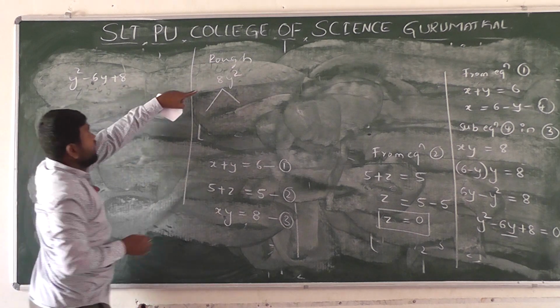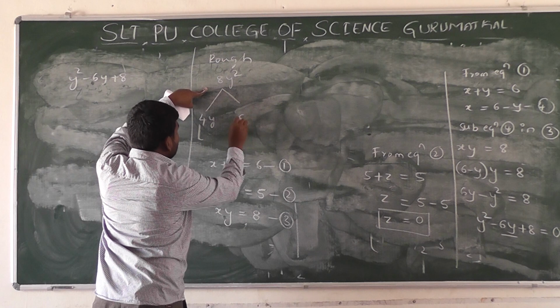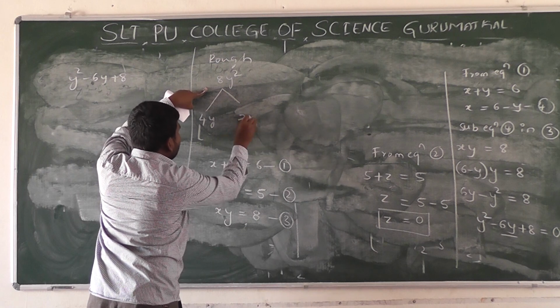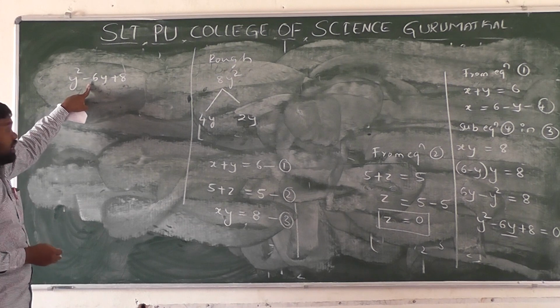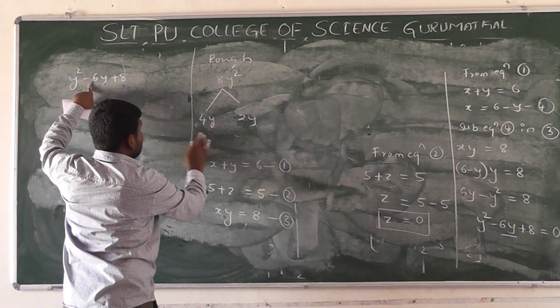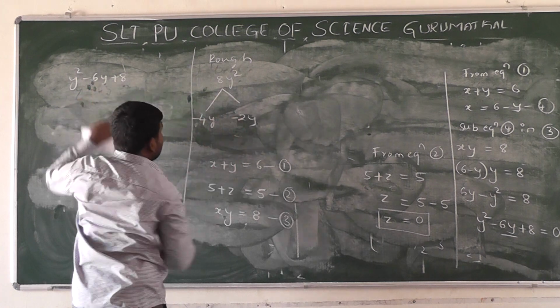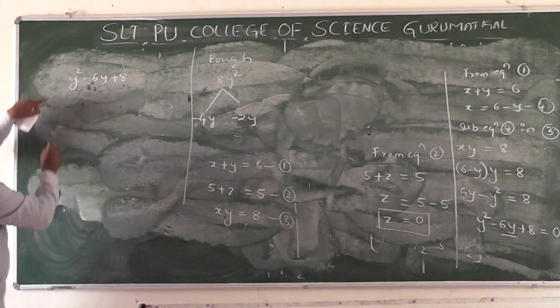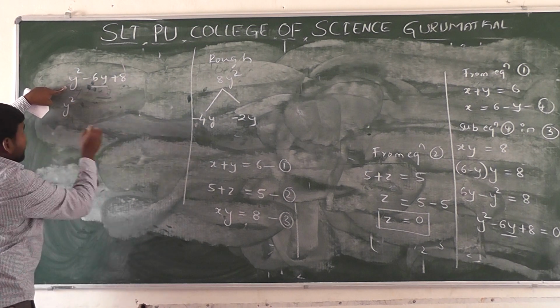Then 8 is how much here? 4 twos. 4y into 2y. But in between, what is the sign here? Minus is there. We have to take both of the signs as minus. Then y square, then minus 6y, in place of that we have to take what here? What are the factors?